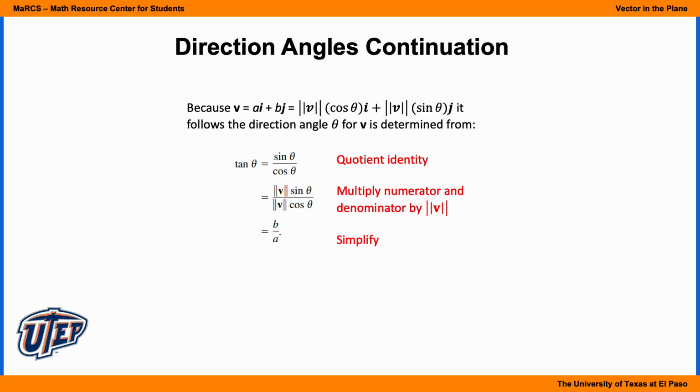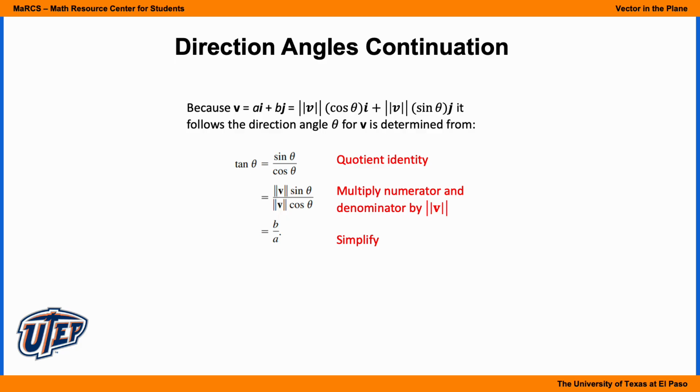So because v is equal to, in its linear combination form, a times i plus b times j, and that is equal to the magnitude of v times the cosine of theta times our horizontal unit vector, plus the magnitude of v times sine of theta times the vertical unit vector j.